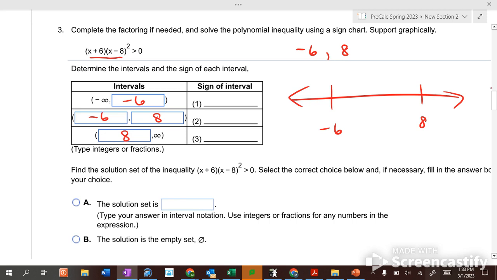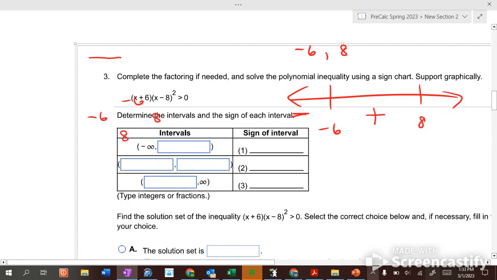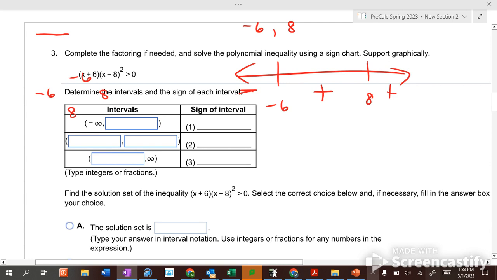Okay? So if you try -10 in here, a negative times a positive is a negative. If you try 0 in here, a positive times a negative squared is a positive. So it's positive here. If you try 10, it's a positive times a positive, which is positive as well.